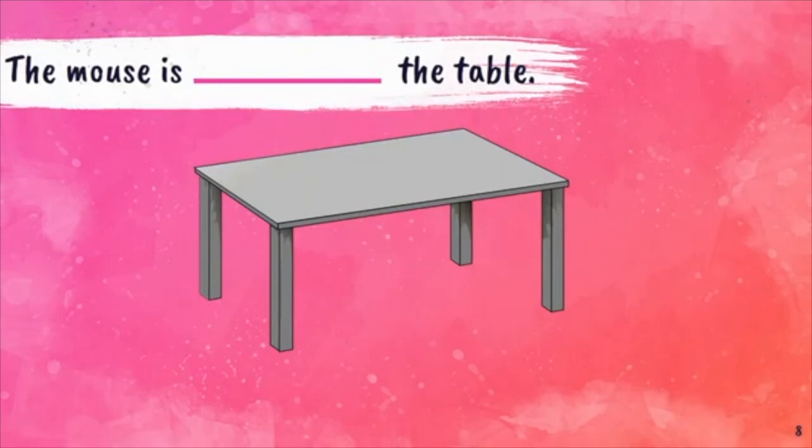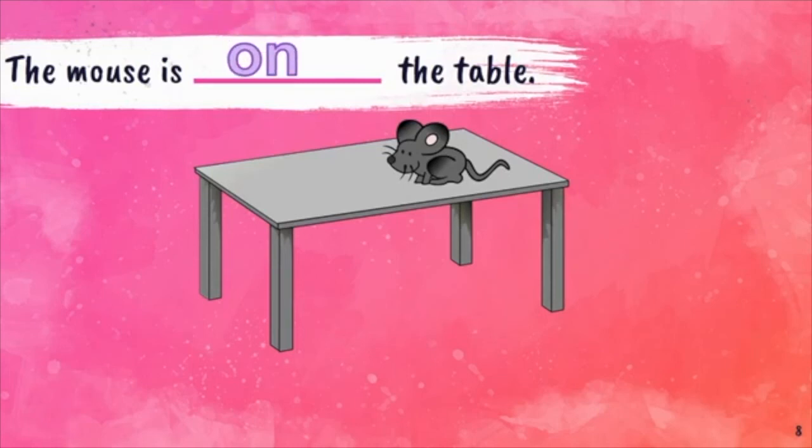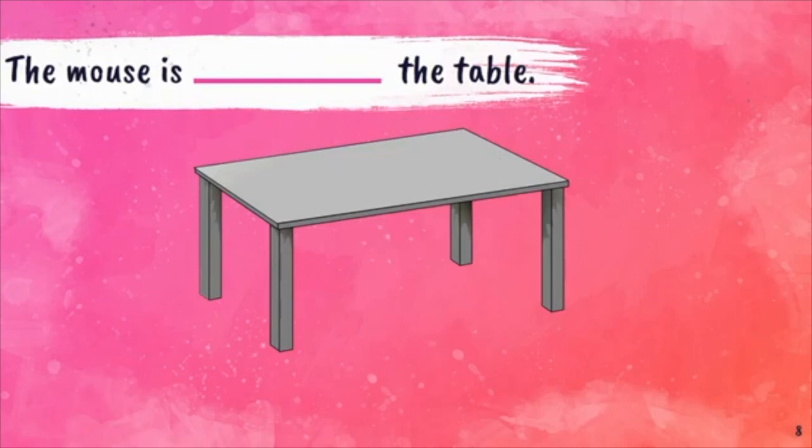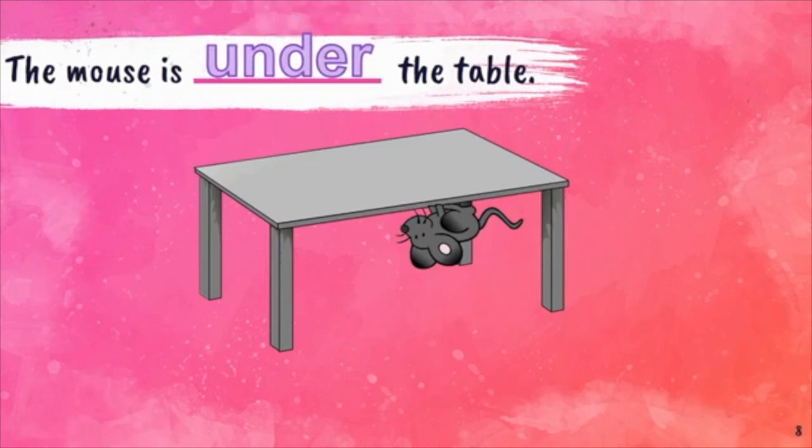Where's the mouse located? Awesome sauce, boys and girls. The mouse is on the table. Care to give it another try? Come on, let's go. Where's the mouse now? The mouse is under the table.